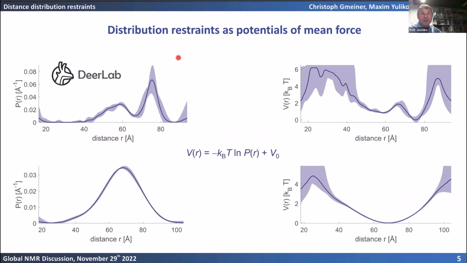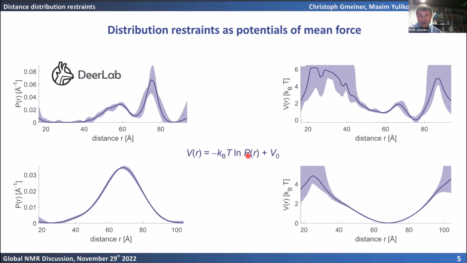This is related because each distance distribution restraint basically is a potential of mean force between 2 points in your polymer, in your protein. And you can convert the distance distribution, which you here see with uncertainty estimate, to this potential of mean force. This is a distance-dependent energy.